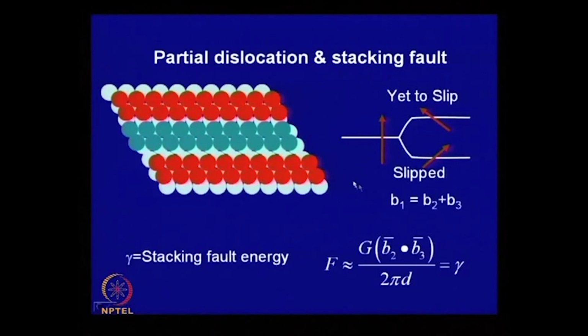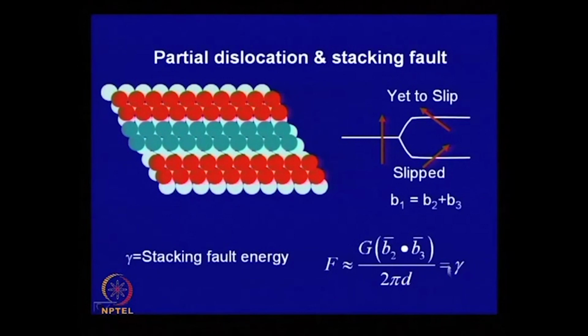This portion is slipped, this is yet to slip, whereas over here there is a partial slip, and this is represented like this, and these two vectors are like this. Approximately, we can say there will be a repulsive force acting between the two, which can be calculated like this: G b2 dot b3 over 2 pi d, where d is the distance between the two partials, and this distance will be determined by the magnitude of the stacking fault energy.